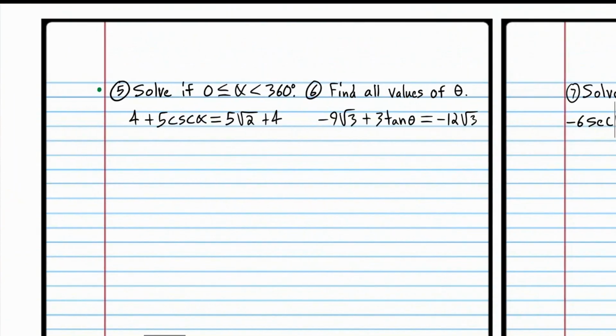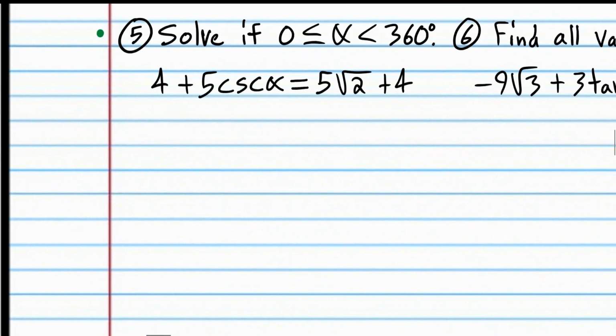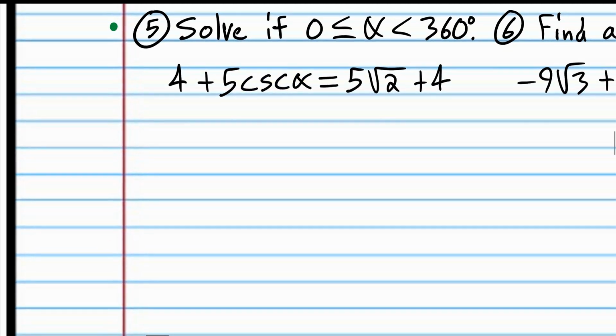Okay, we're back. So we're going to isolate the trigonometric function. We're going to subtract 4 from both sides of the equation. And we're left with 5 cosecant alpha is equal to 5 root 2.